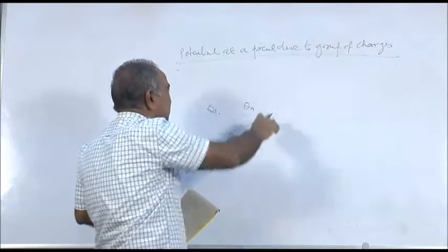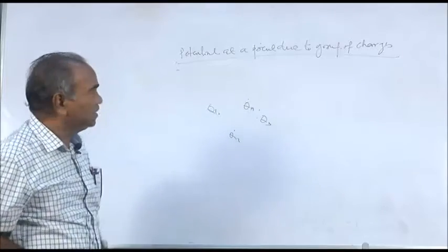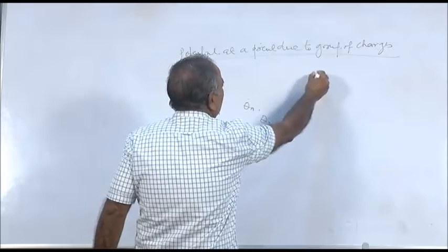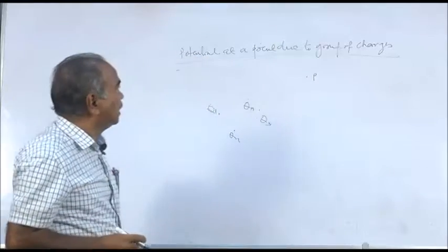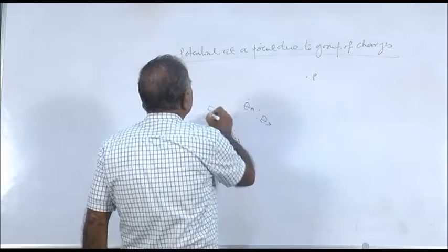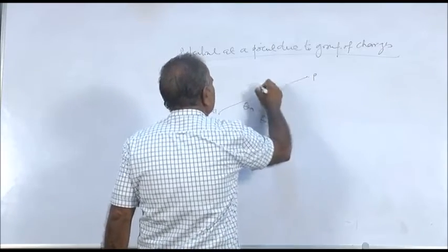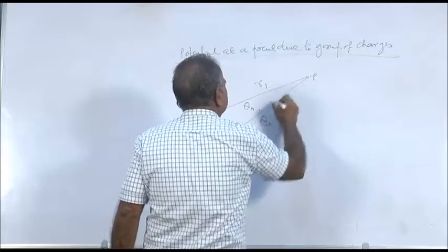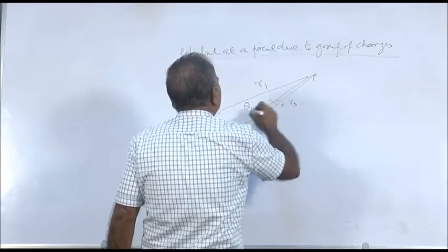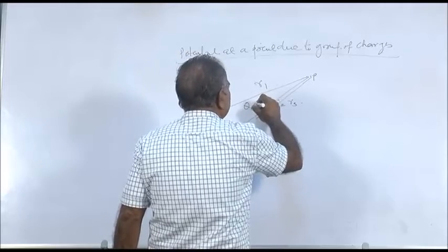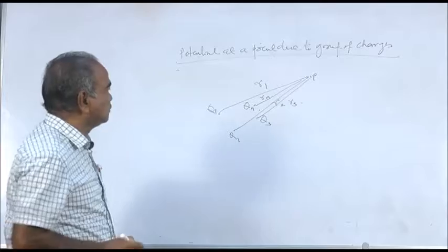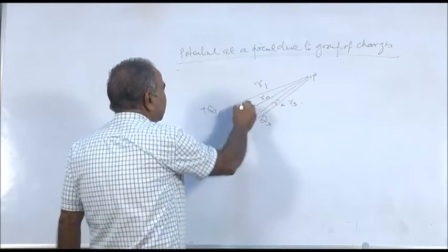There are a number of charges distributed at different points, and here we want to find the electric potential. This Q1 charge is at a distance r1, similarly Q2 charge is at a distance of r2, Q3 charge is at a distance of r3, and so on, Qn charge is at a distance of rn. So, these are all positive charges.